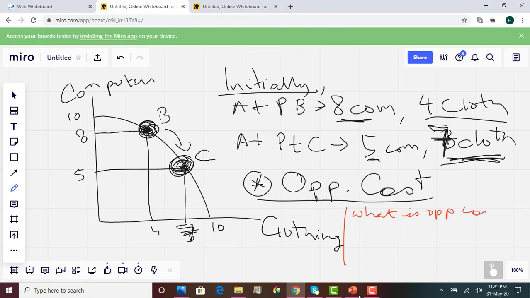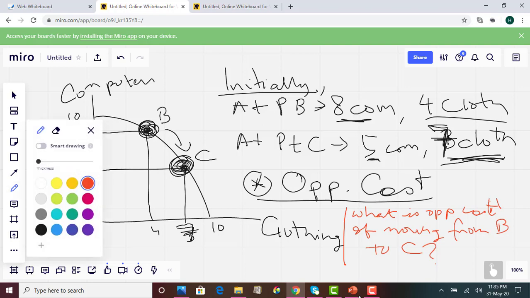That's what my question can be. If I'm moving from B to C, what is my opportunity cost?